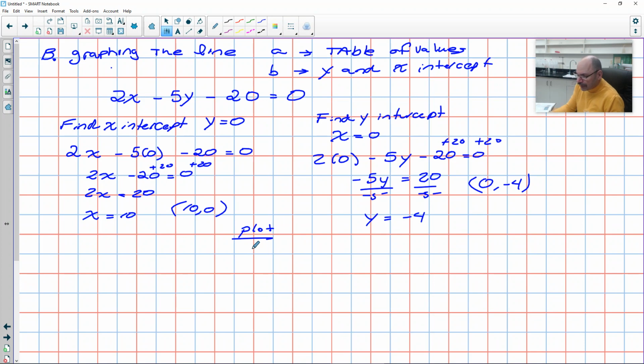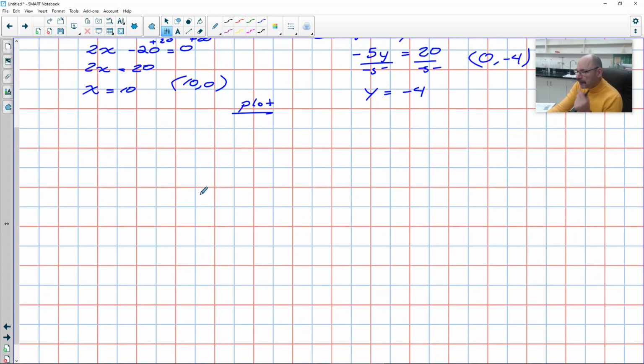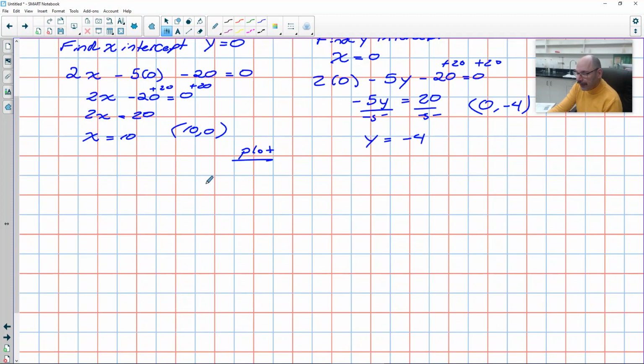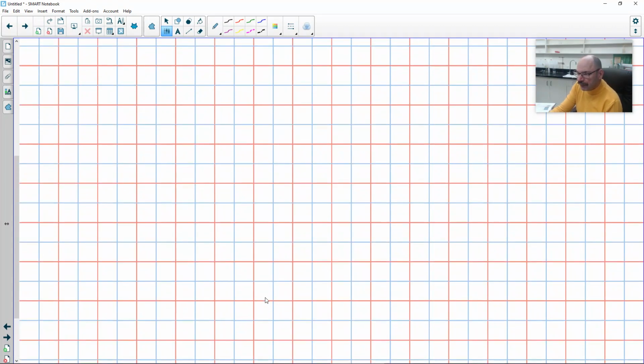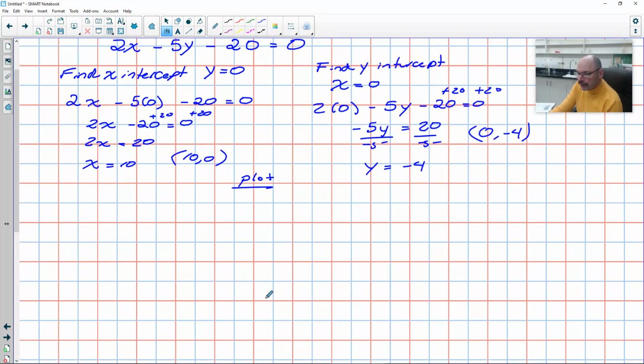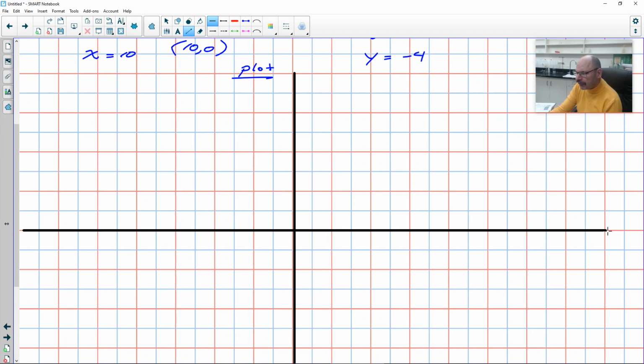Okay, so we got to plot it on a graph. So let's make our graph here. I got to make it go up to 10 and -4 for y. So 10 for x is easy. So let's just extend this a little bit. Okay, so let's draw our graph. There's my y-axis, there's my x-axis.